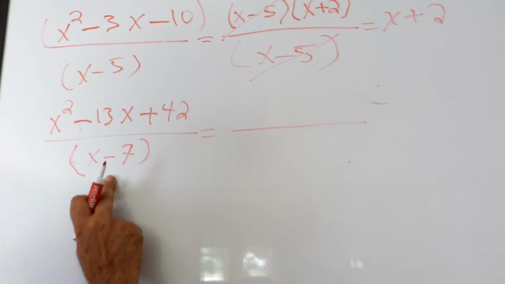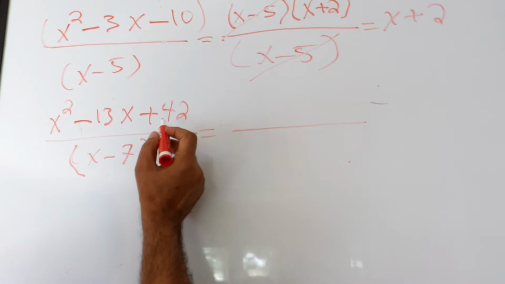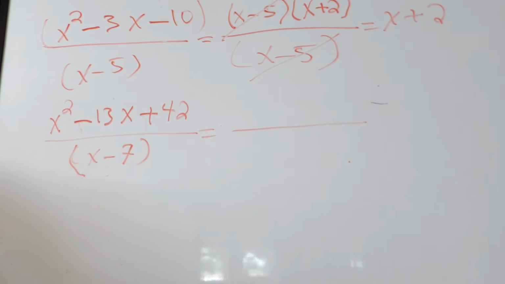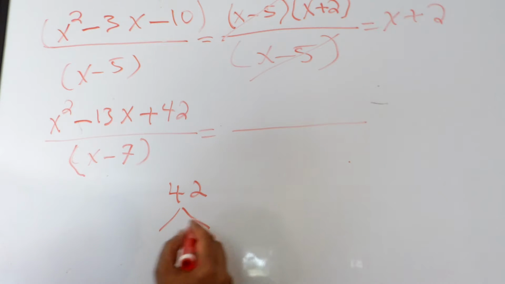So 7 times what? 7 times 6. So the general way is you say the factors of these two.